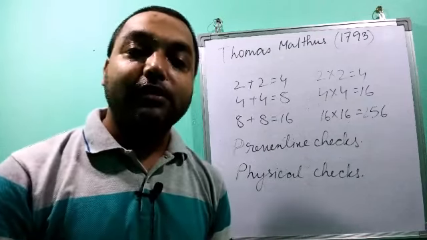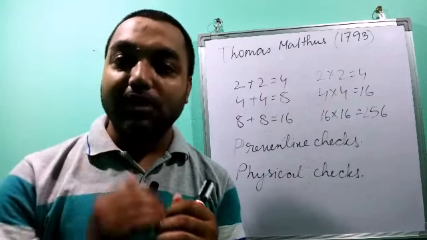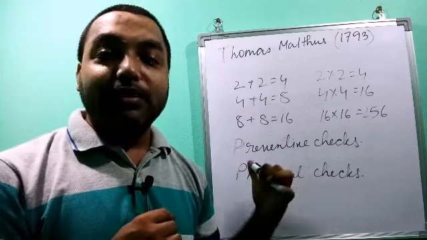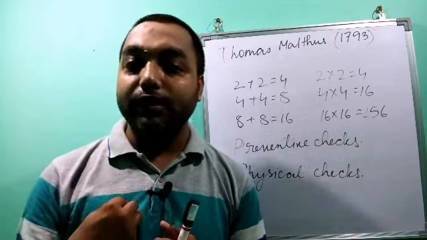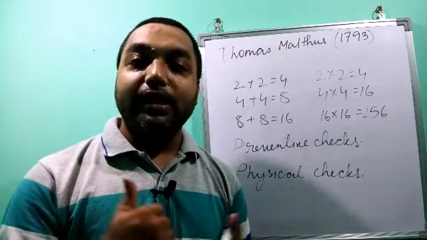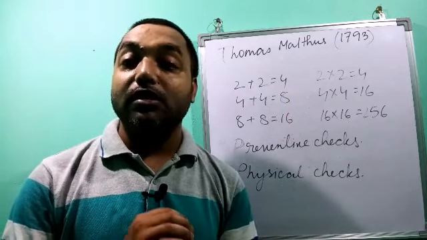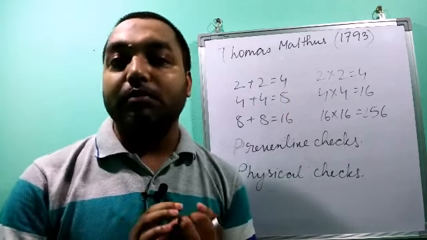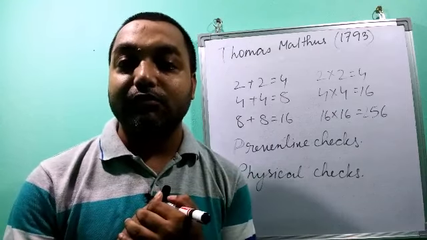Two types of check he has spoken of: one is the preventive check, the other is the physical check. Check means to control the population. Preventive check means to control the population by ourselves. When he gave this concept in 1793, the modern means of population control, the contraceptives available at present, were not there.